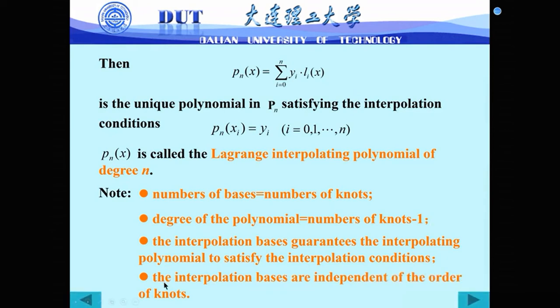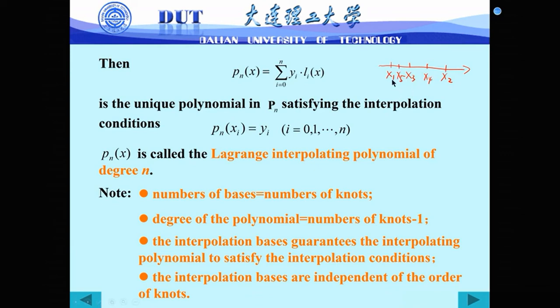Also you should know the interpolation bases are independent of the order of nodes. It means here you can denote x1, x2, x3, x4, x5 in any order.